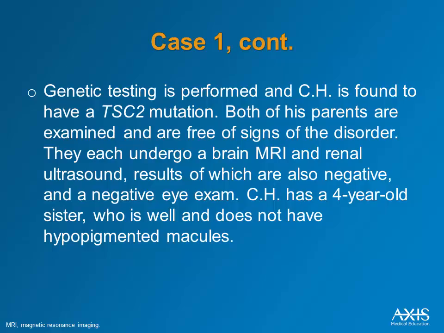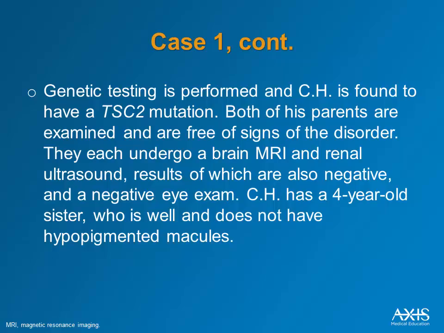They also undergo brain MRI and renal ultrasound, and nothing is found, and they have a negative eye exam. Even in an asymptomatic adult, it is important to do these imaging studies because a person can have any of the brain lesions, for example, or renal lesions, and be completely asymptomatic and nevertheless have tuberous sclerosis complex, and for that matter require monitoring as well as face a risk of recurrence.